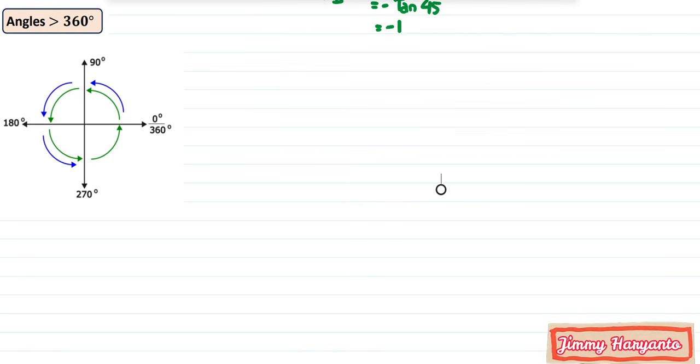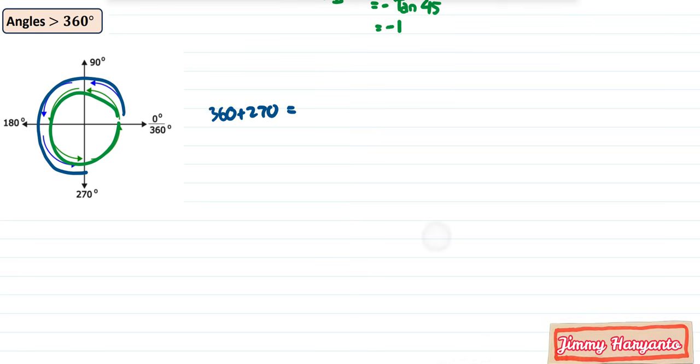So let's say this one, the angle already does one rotation and then added by 270. So 360 plus 270 equals to 630. So the angle for this theta is 630 degrees.